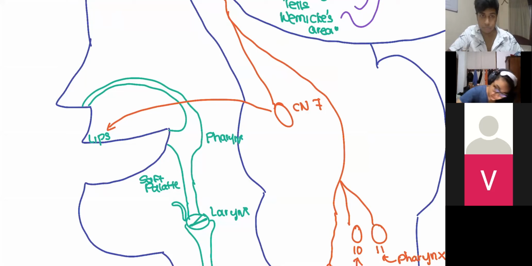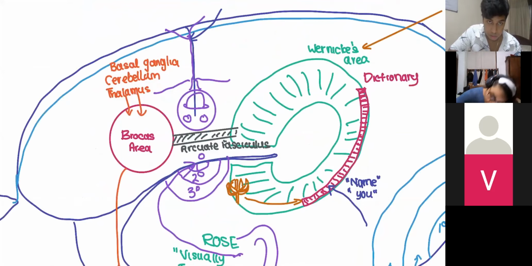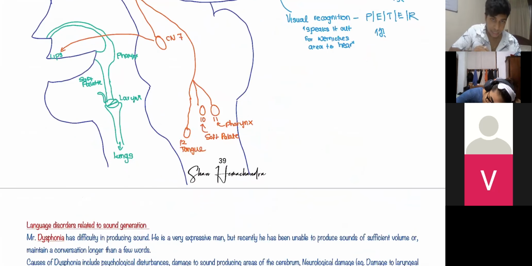A lisp is not caused by this, but it can cause something like it. They're speaking and still not done speaking, or what they say doesn't make any sense. Remember, cerebellar input is very important. I discussed that last time.